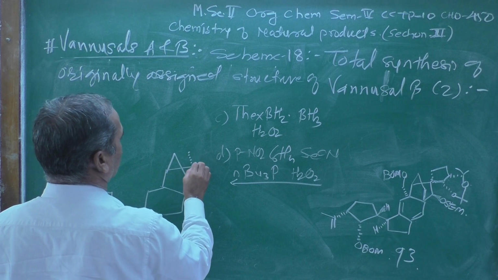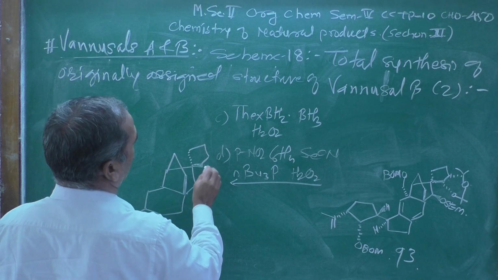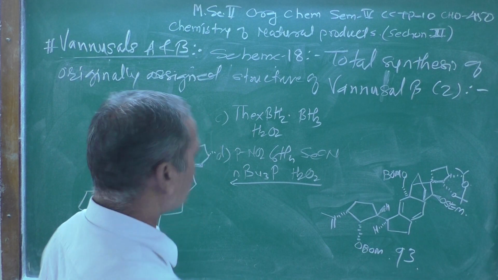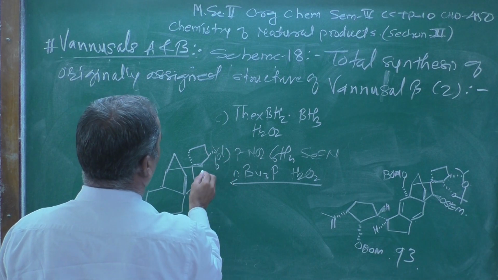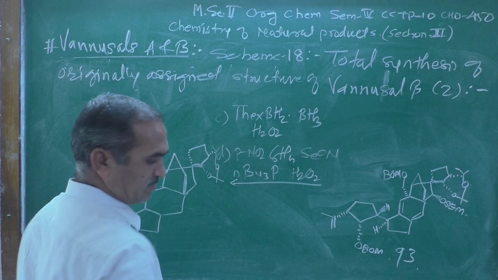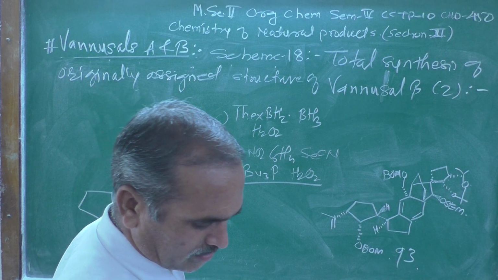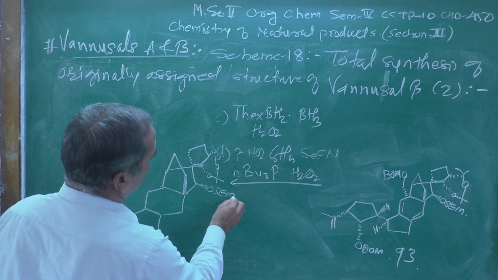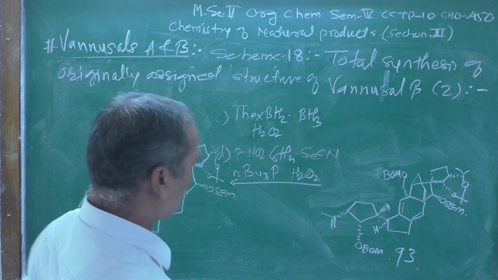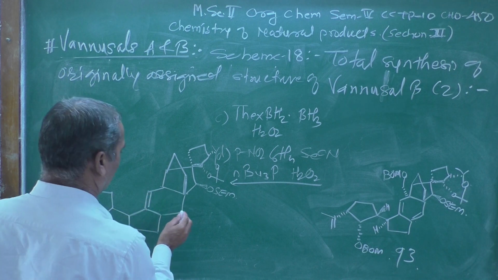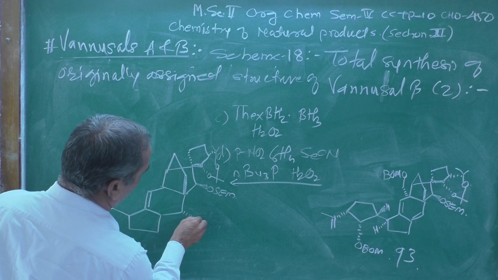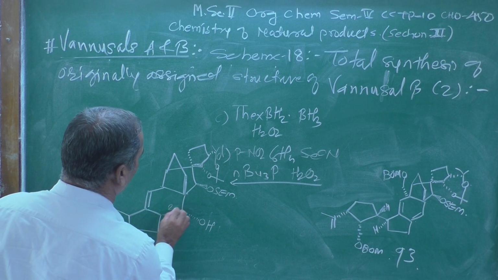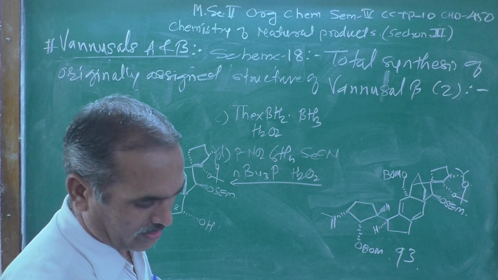Then there is this group, the isopropyl O, then oxygen atom, then this group which is attached O, same, and the 6-membered ring containing a double bond also possesses one hydroxyl group at carbon number 28.